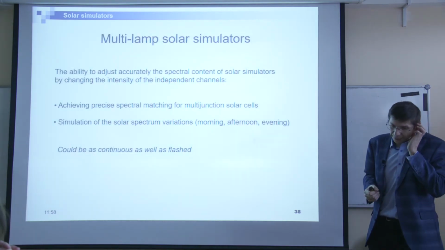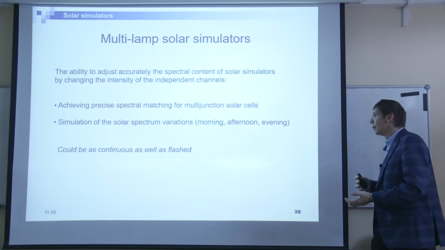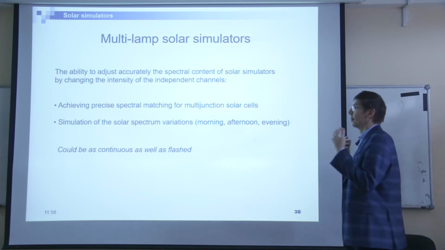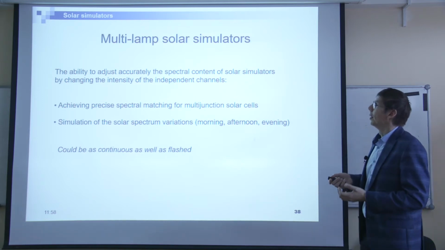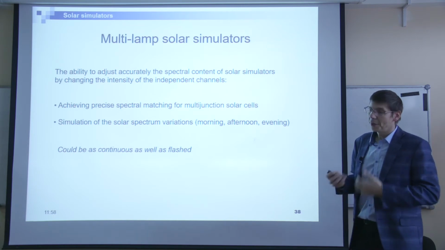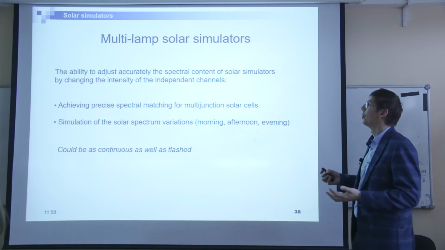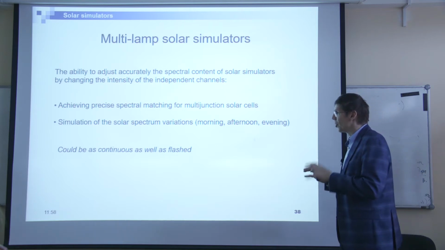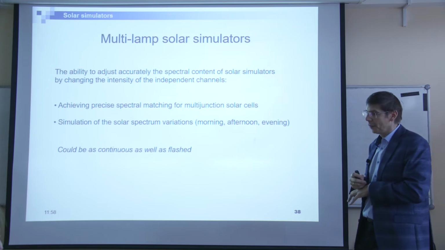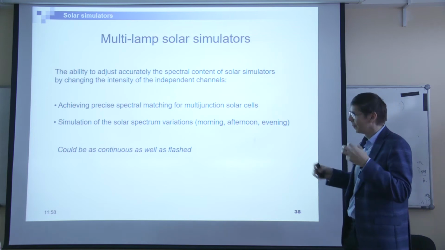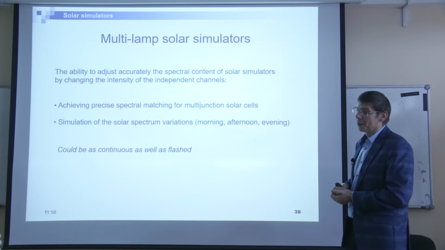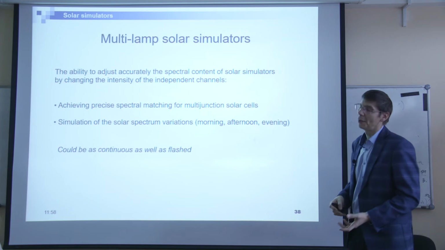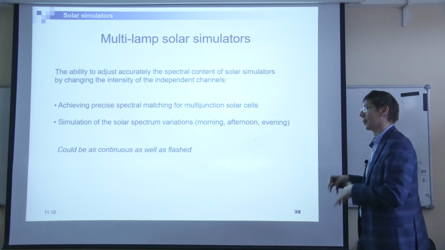So there is another type of solar simulator, which could be continuous as well as flash, which has several sources of light, the so-called multi-lamp solar simulator. It's something more specific. If you have the requirement to measure a single junction solar cell, for example a silicon-based solar cell, you don't need anything specific.